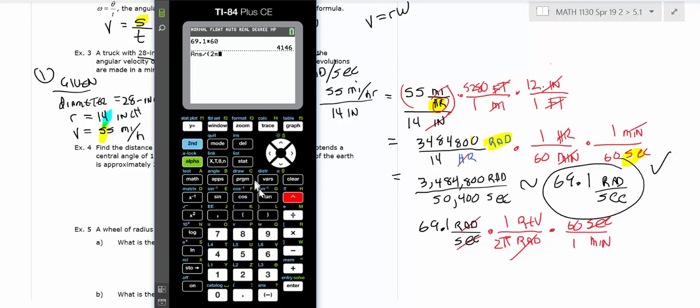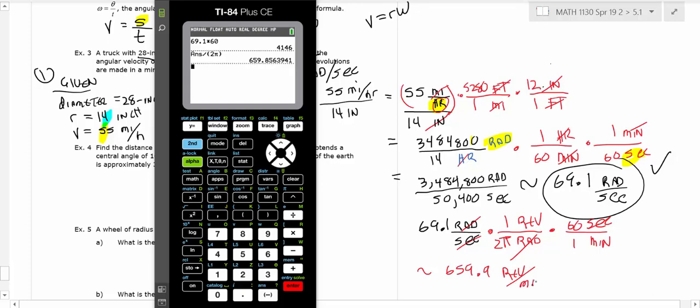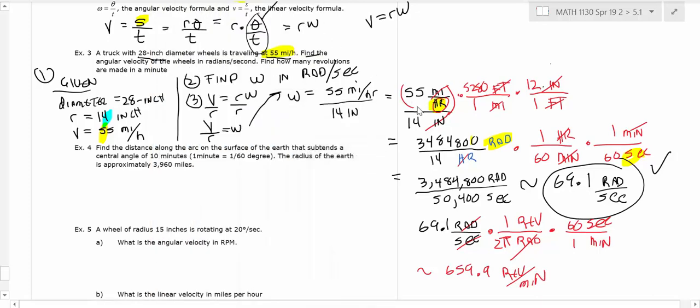Pay attention to stuff like that when you're doing your homework. The calculator has to get 2 pi before it divides. So this would give you about 659.9 revolutions per minute. That means that the tire, every minute that goes by, is going through about 660 revolutions.